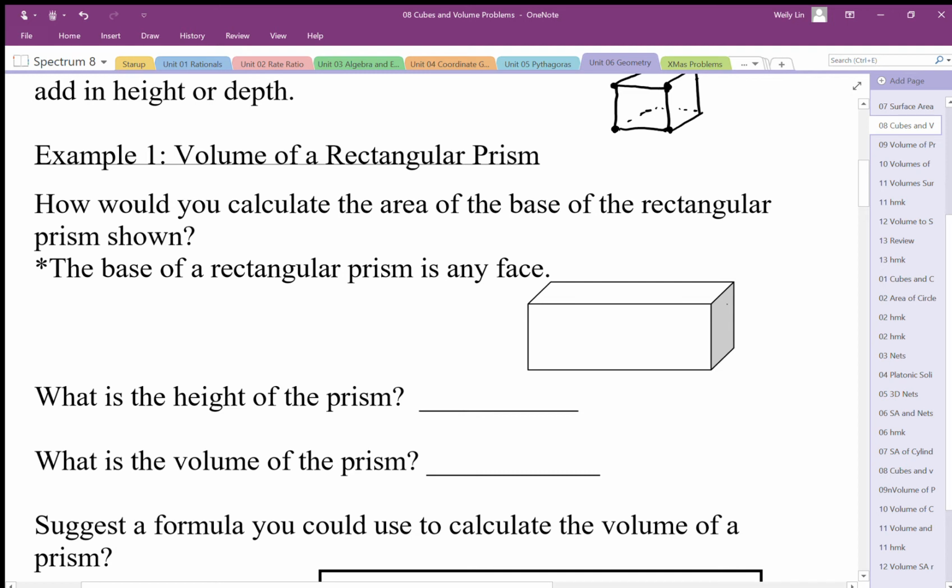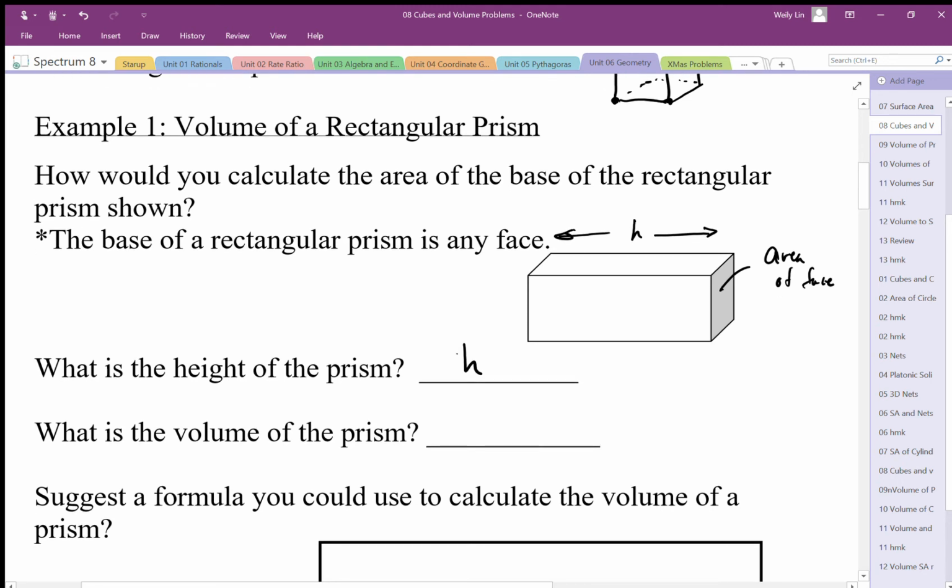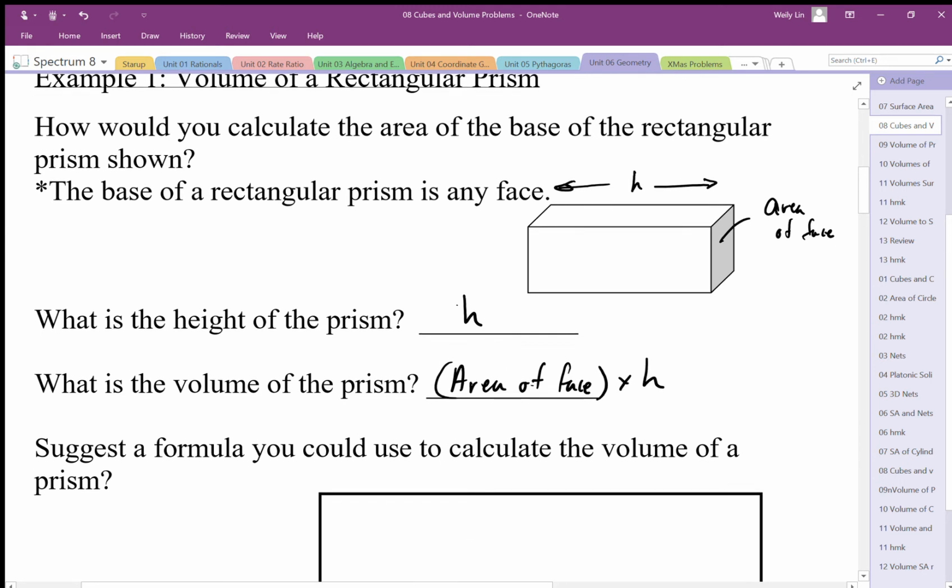this space here. So this is the area of the face. And we can take the height or the thickness, which I'm going to call h. So the volume of this prism is the area of the face multiplied by the thickness, which we'll call h, or the height in this case.